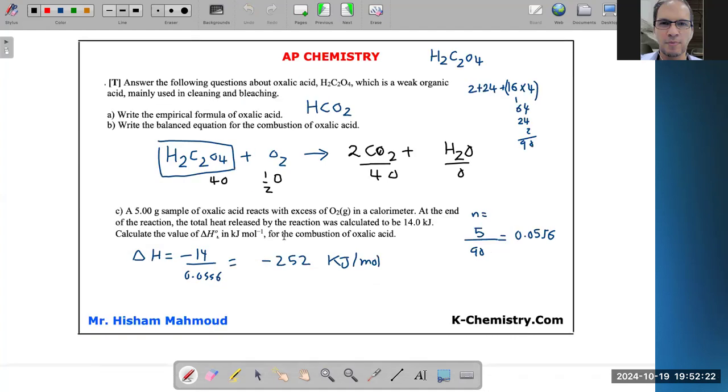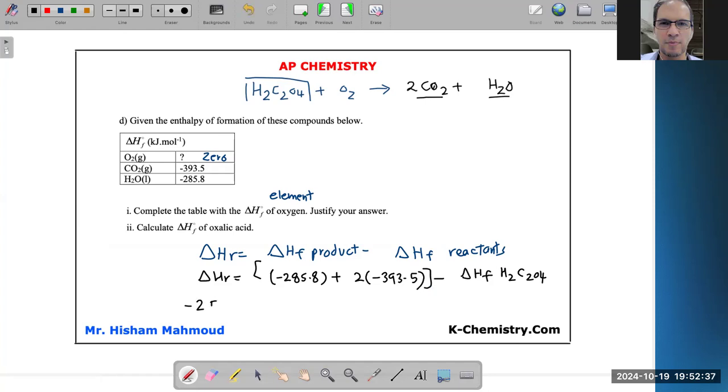Okay, what is the delta HR? Delta HR, you said, Mister, it is equal to negative 252, right? Isn't that the delta H of the combustion? So what will be the value? Negative 252, let's write it here. Negative 252 is equal to, can you find the value?